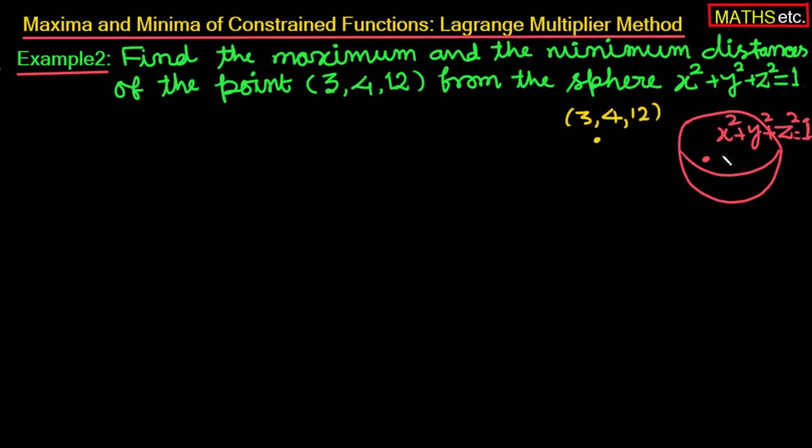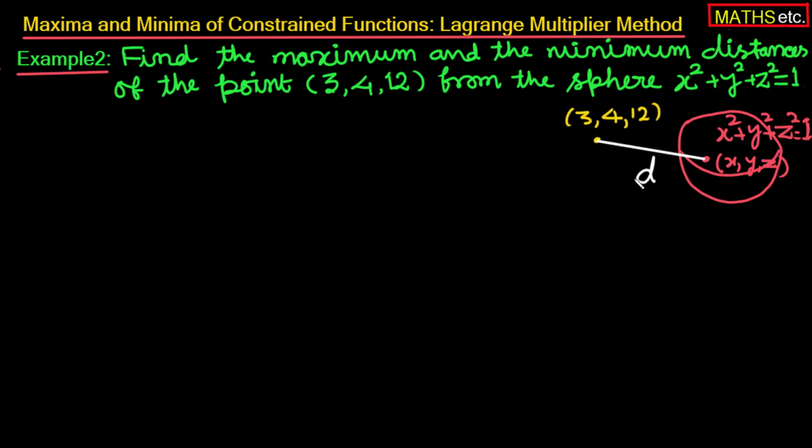Any point on the sphere will have coordinates (x, y, z). Now the distance from this fixed point to the sphere, say we denote it by d, is what we have to find the maximum value of.